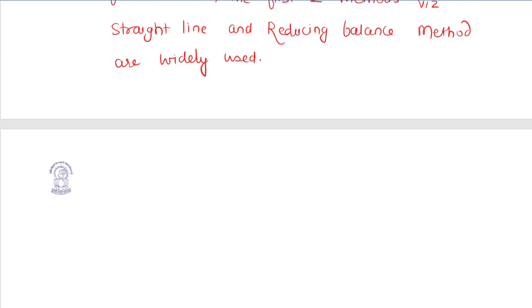Let us move ahead. The next topic is selection of method. So basically, what is the basis of selection of method?